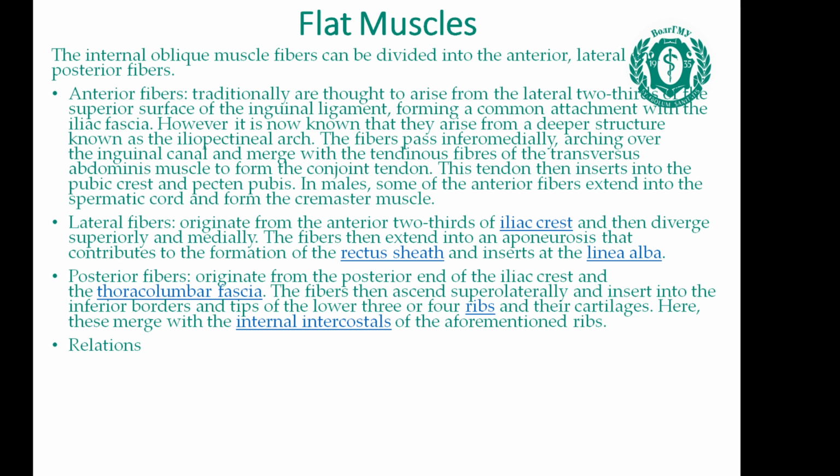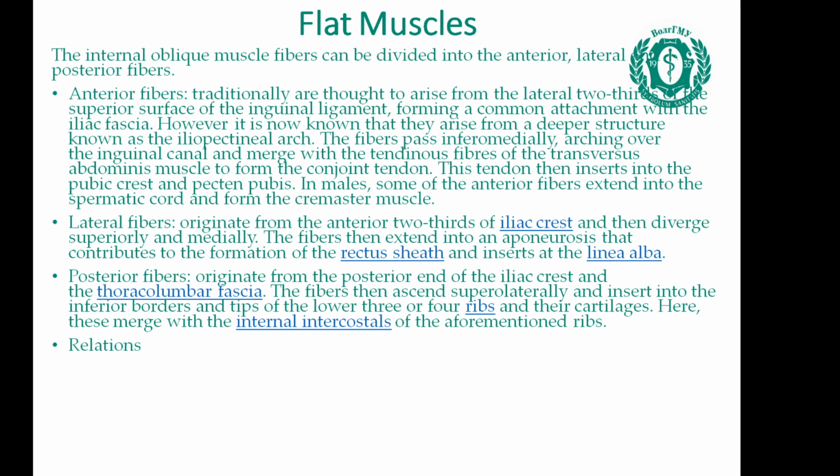However, it is now known that they arise from a deep structure known as the iliopectineal arch. The fibers pass inferomedially, arching over the inguinal canal, and merge with the tendinous fibers of the transversus abdominis muscle to form the conjoint tendon. This tendon then inserts into the pubic crest and pecten pubis.